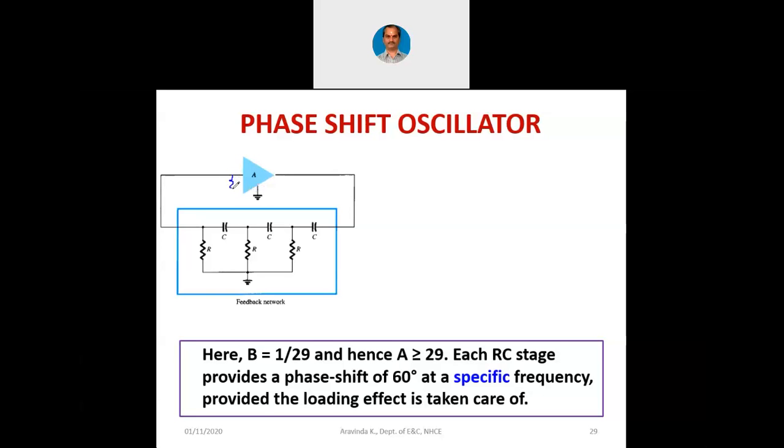You will have to visualize one resistance here, and this is now Zi, or the input impedance of the amplifier.